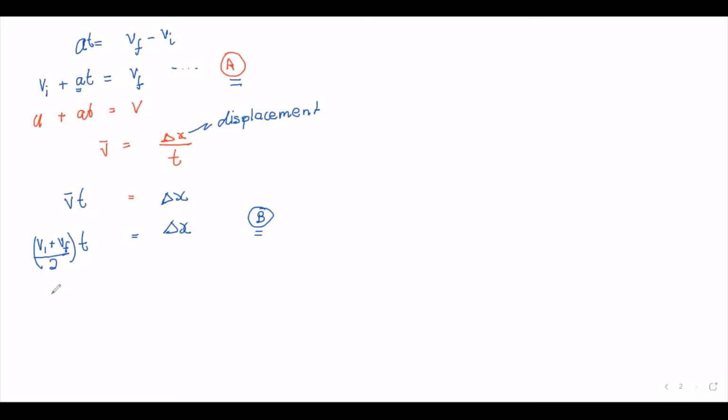Now, you can put units here: meter per second squared, multiplied by second, will give you meter per second. That's the unit for velocity, of course. But now when you come here, there's no acceleration. So you have to be careful that this is a constant velocity independent of acceleration.